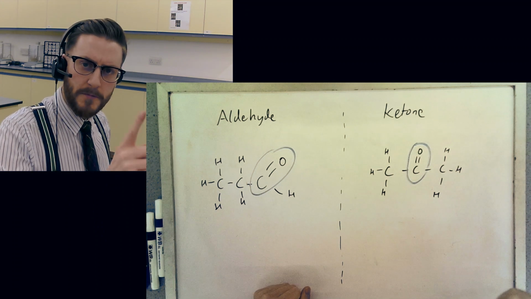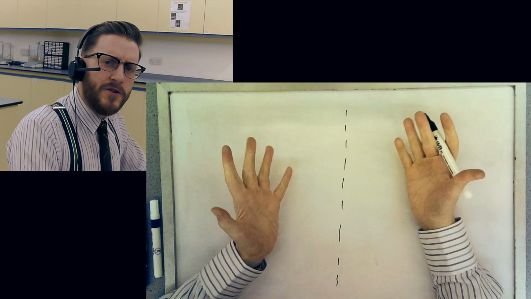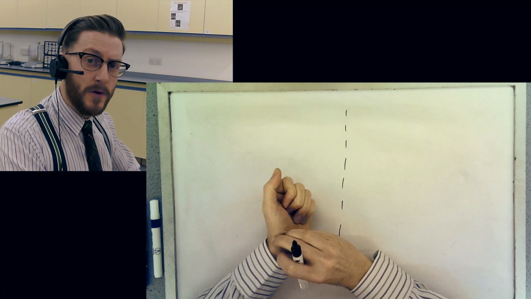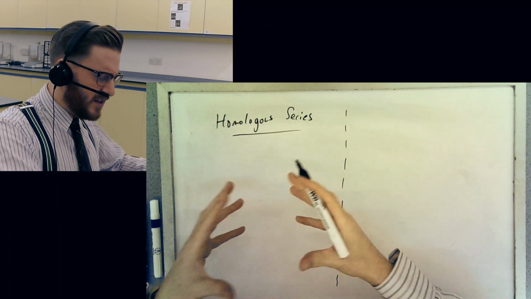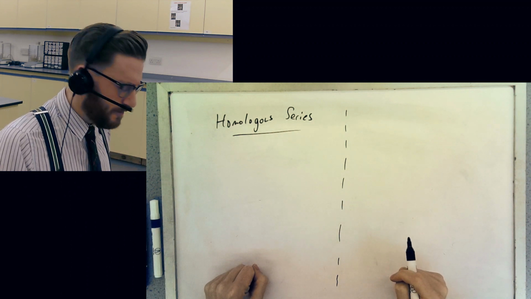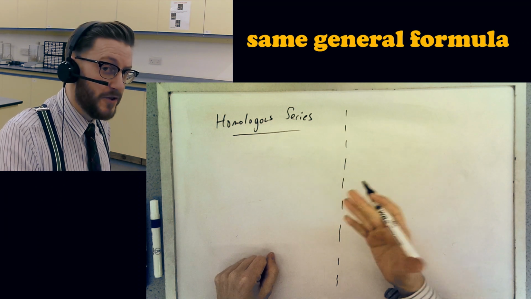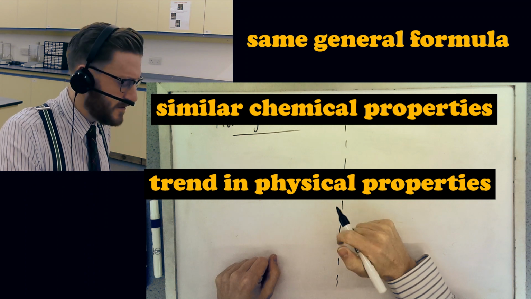All right, let's do a little bit of background first. If you're doing any organic chemistry, chances are you've heard the term homologous series before. A homologous series is like a family of organic compounds that are all related. I would say they're related through the same general formula, similar chemical properties, and a trend in physical properties.